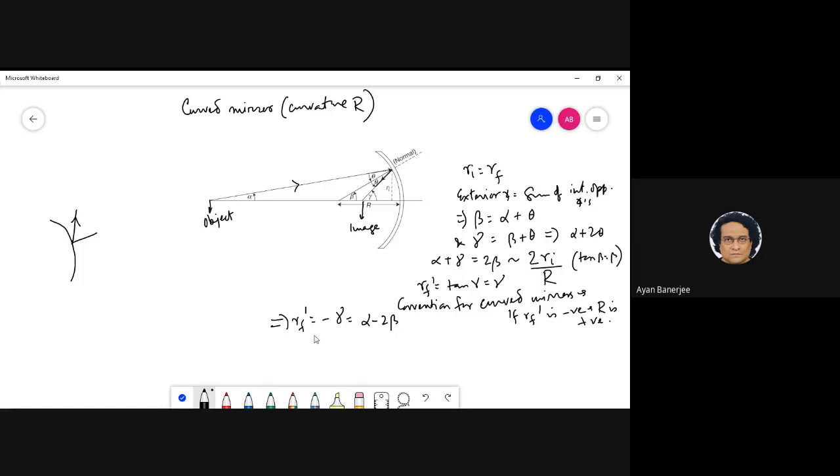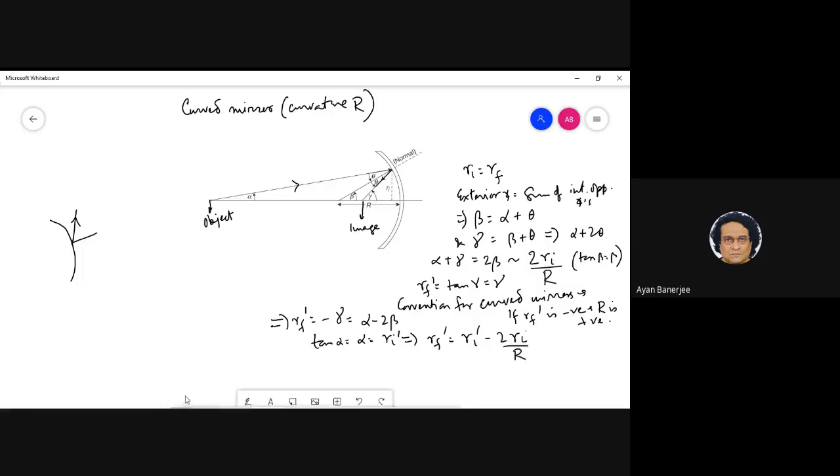And of course here tan alpha is basically alpha equal to Ri dashed, and that implies Rf dash is Ri dash minus 2 beta, and beta we wrote as Ri by R. Fantastic, right?